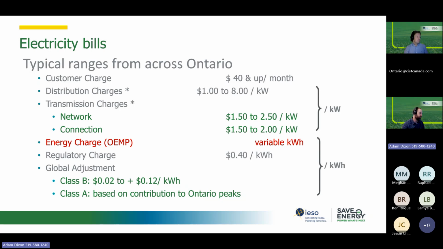On the transmission side, you pay about $1.50 to $2.50 for network and connection, so just under $5 per kilowatt there as well. And if you're a larger customer, you may not pay the distribution. You may be connected directly to the transmission grid, so you may not see that distribution charge on your bill.